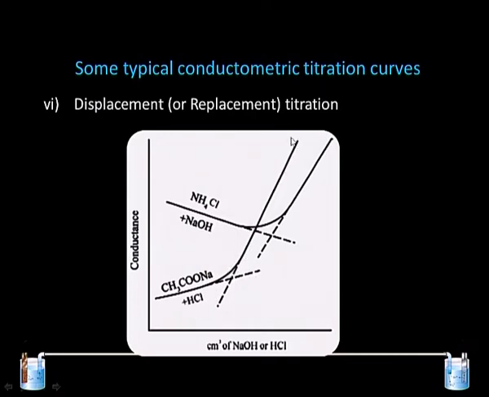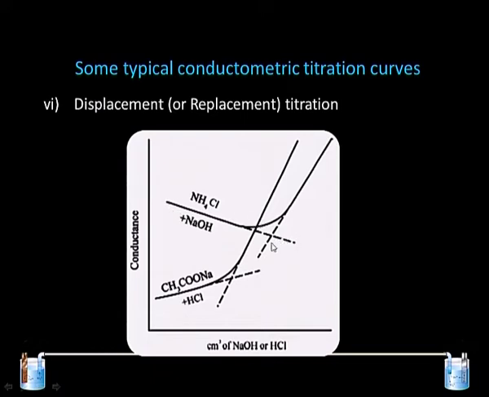but after the consumption of acetate ion, the excess HCl increases the conductance to a much higher level. Similarly, if we have a salt of a weak base, ammonium chloride, and a strong base like NaOH, there is a fall in the conductance up to a certain level and then it goes up. So, NH4 ion is replaced by the Na plus ion, which brings about this change in the conductance.